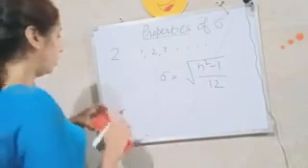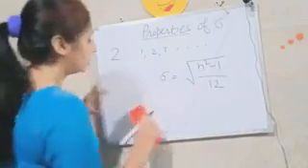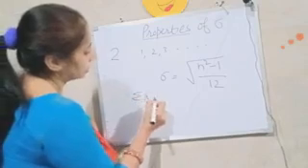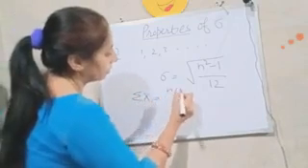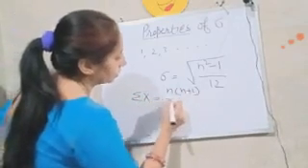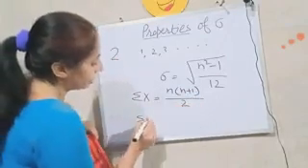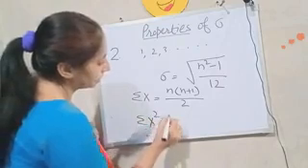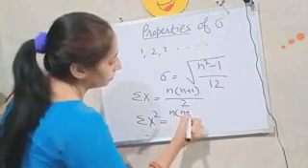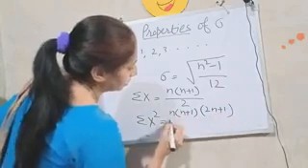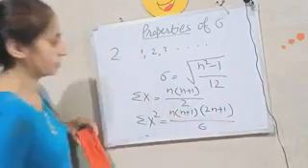How come? If you remember that in mathematics sigma x is equal to n plus 1 divided by 2, and sigma x square is n into n plus 1 into 2n plus 1 divided by 6.